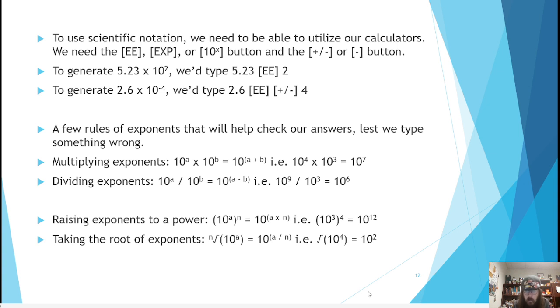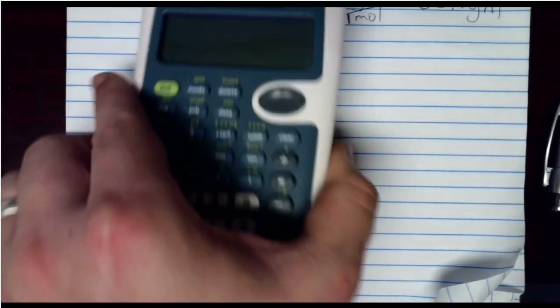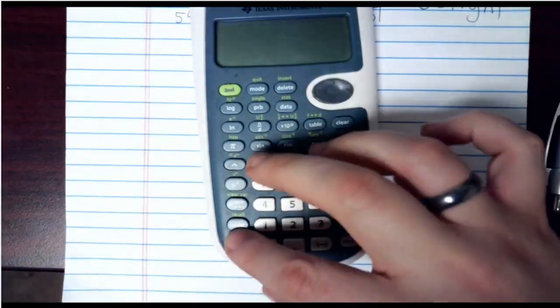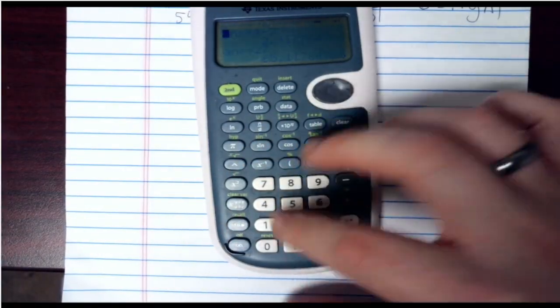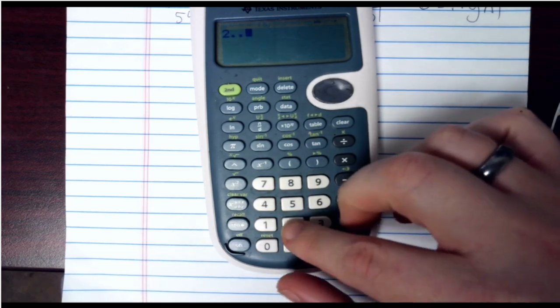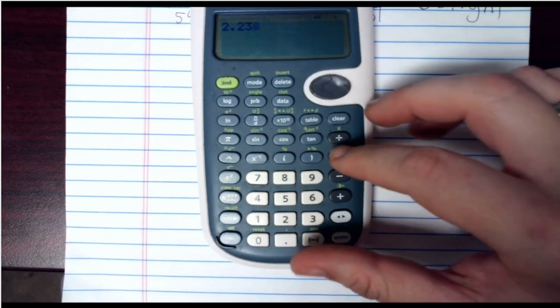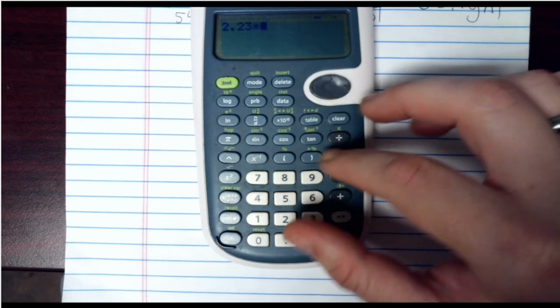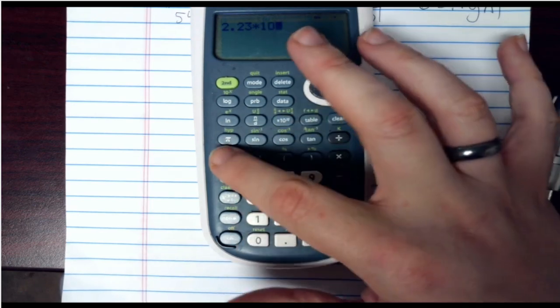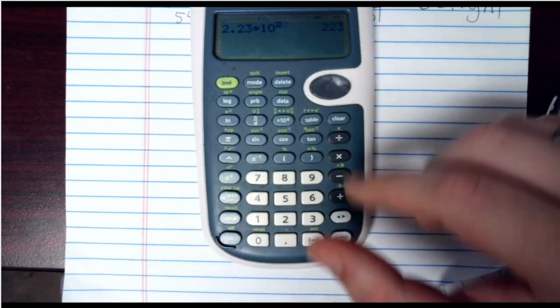So let's look at this real quick on my calculator itself, with various different ways. In this calculator, if I want to type 5.23 times 10 to the second, I can do times 10 caret 2.